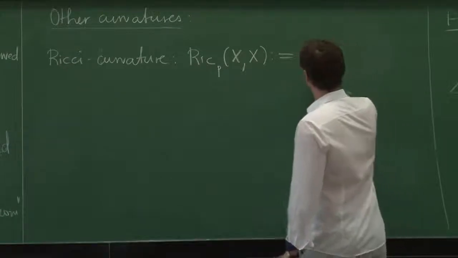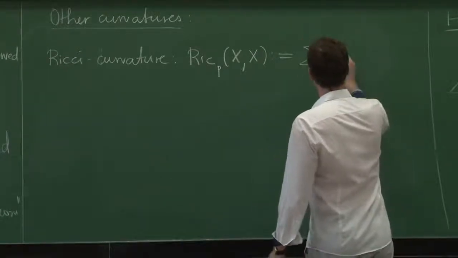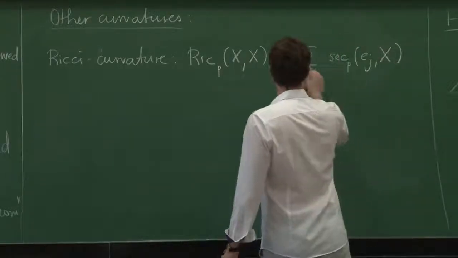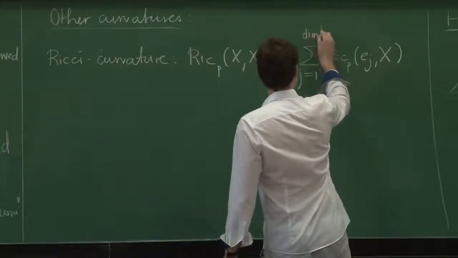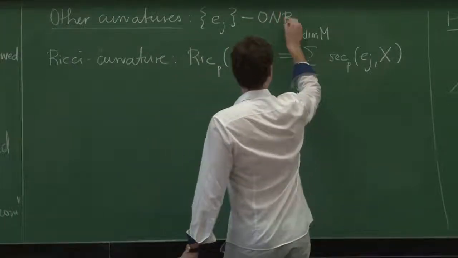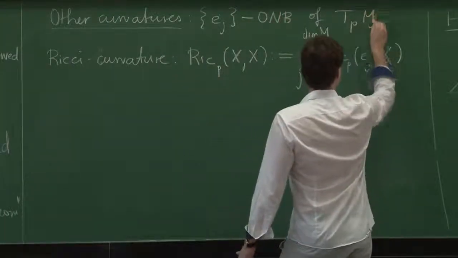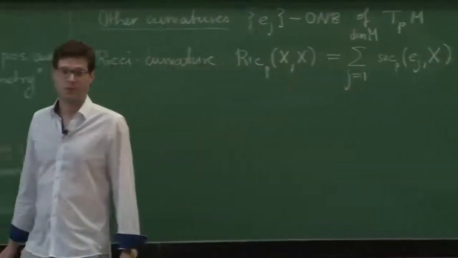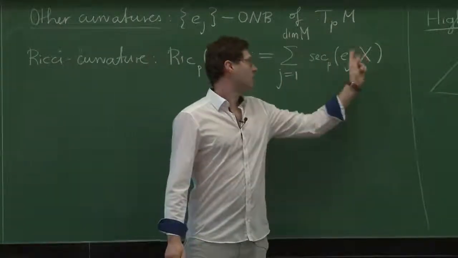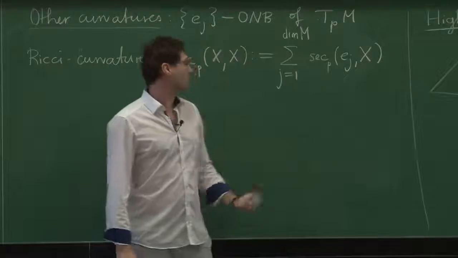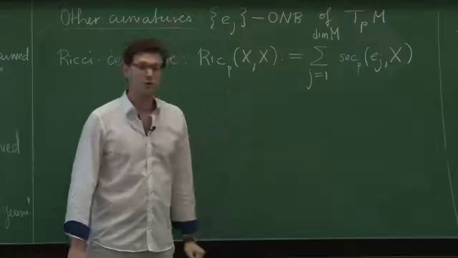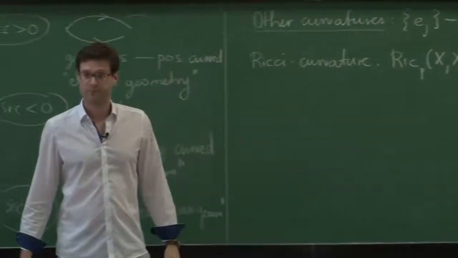It is defined by taking the sum of sectional curvatures, the sum over j from 1 to the dimension of the manifold, where e_j is an orthonormal basis of our tangent space T_pM. This is the way you take averages. In one component you take your orthonormal basis, and the other component is an arbitrary tangent vector. In this way, you define what the Ricci curvature is.